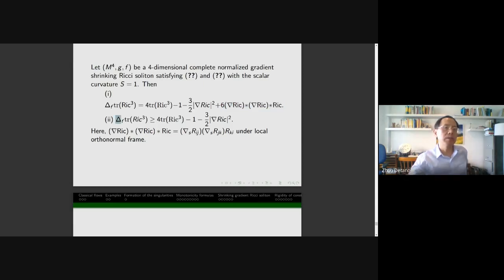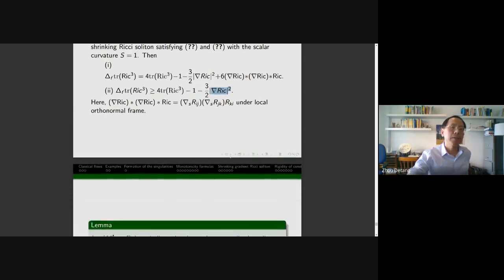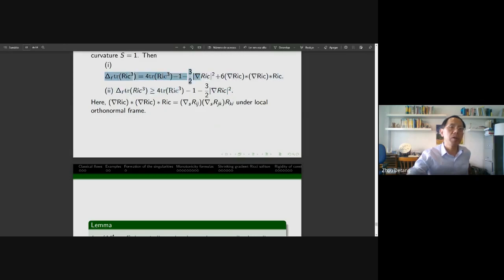So I have this one. I have an inequality. So now the difficulty is to compute this one, right? So the first, this equation is more or less direct.